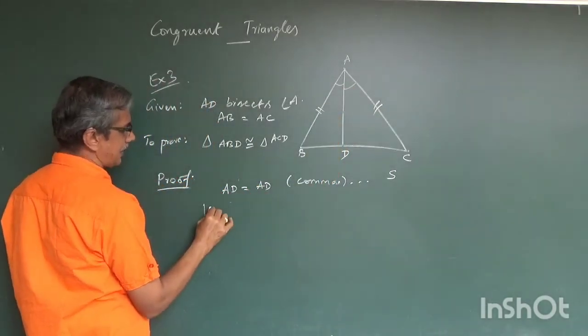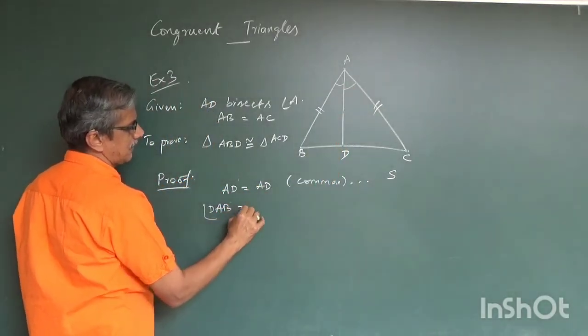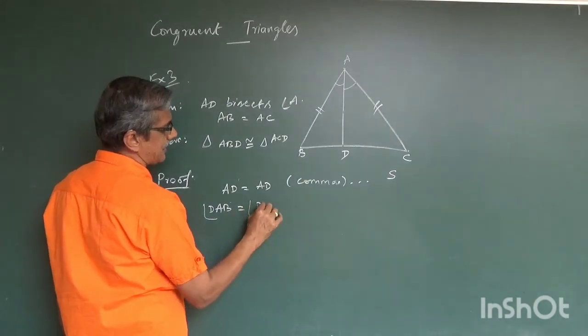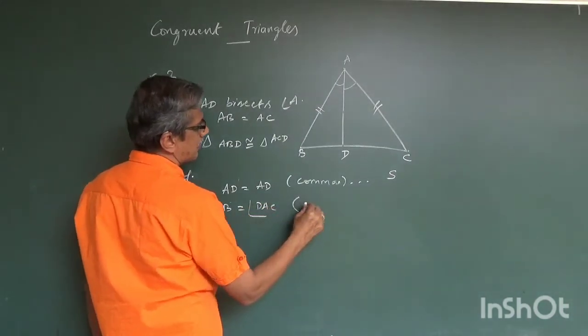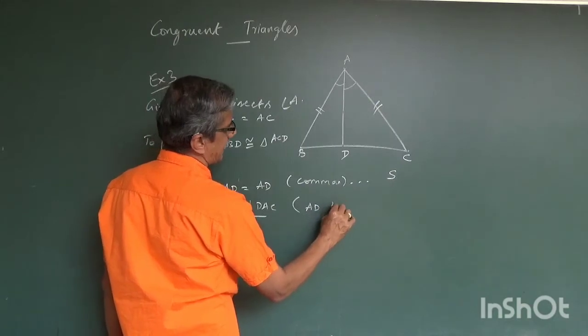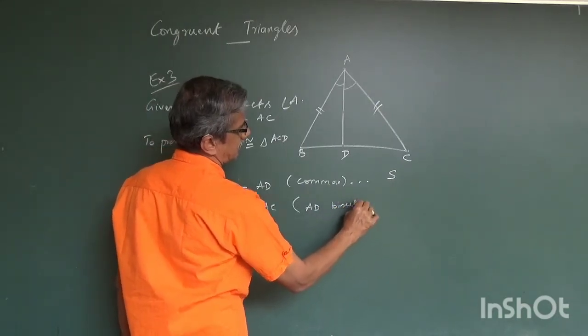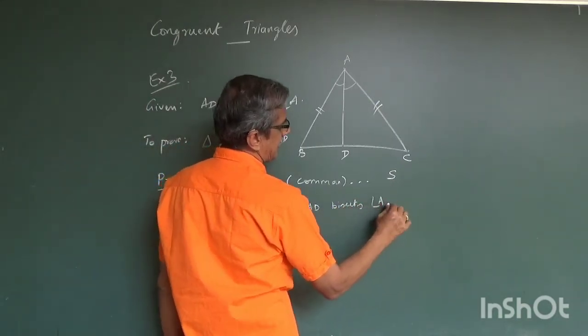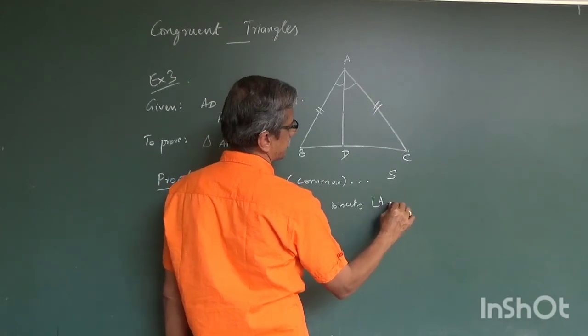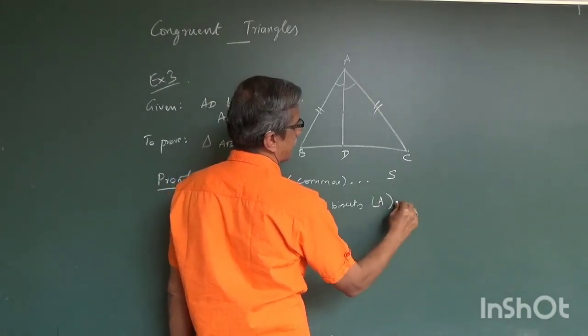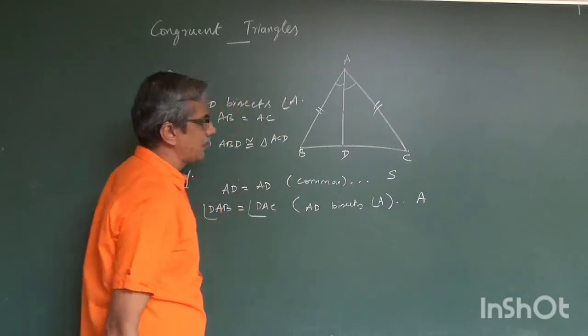Angle DAB is equal to angle DAC, because AD bisects angle A. This is given. So this is the angle part.